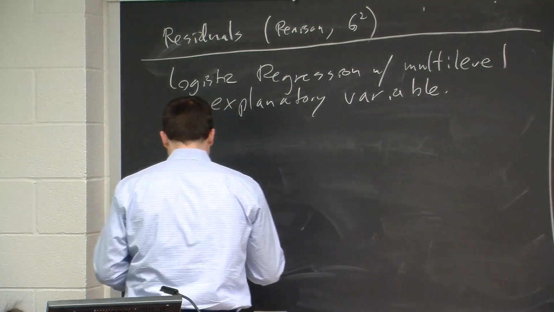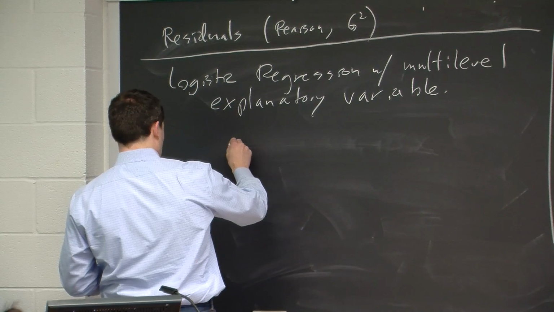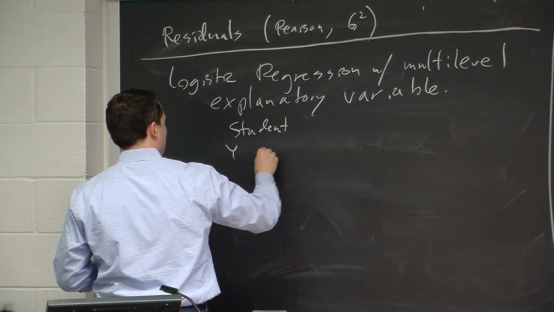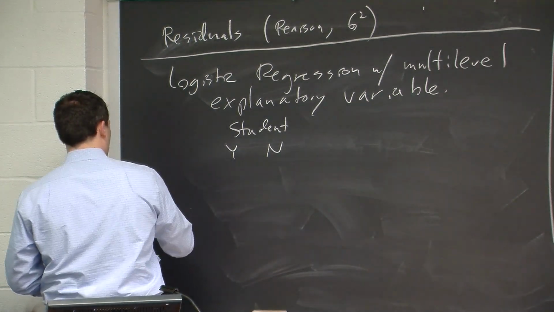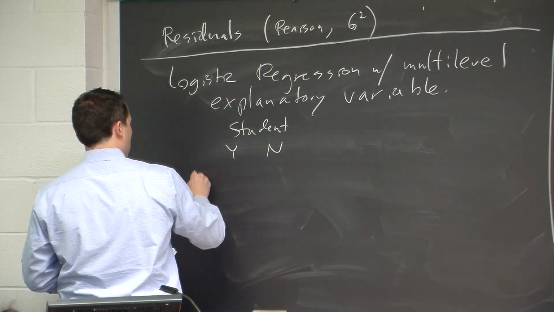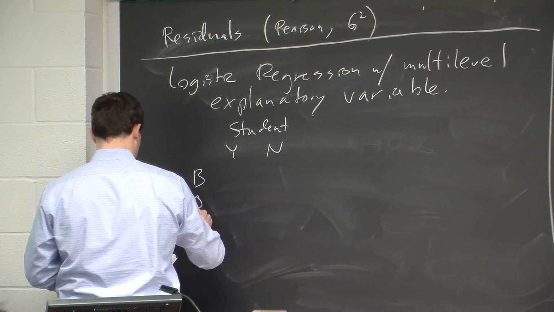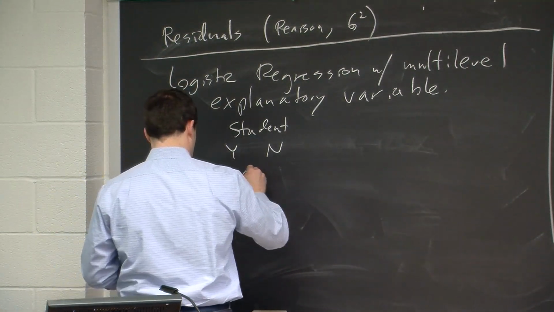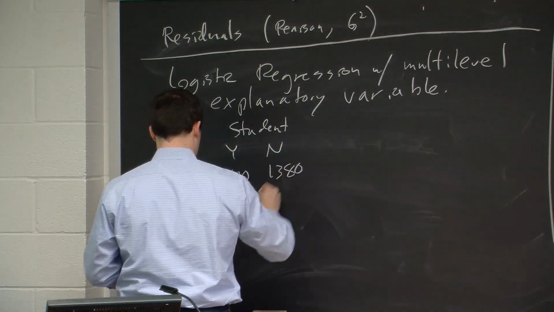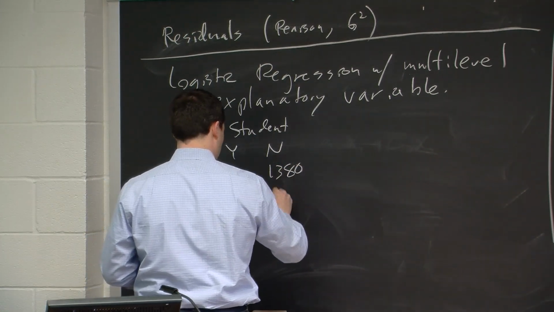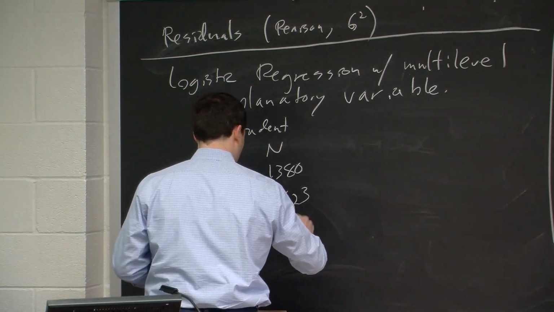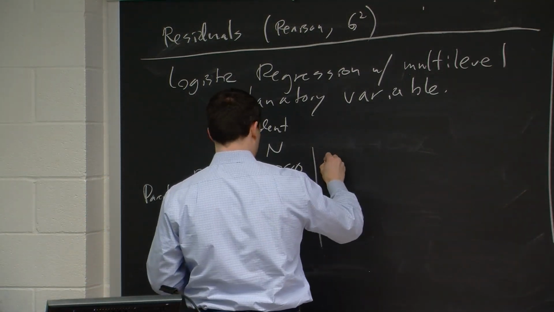So in the smoking example, now we want to do something like: student smokes, yes, no; parents smoke, both, one, or neither. And we have some table of counts, and we have a total.